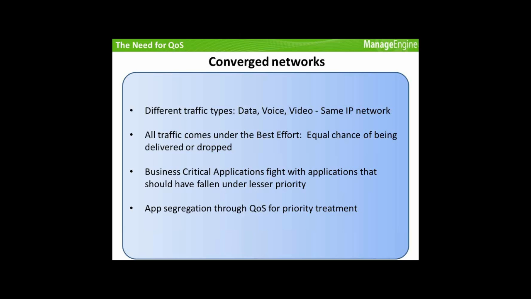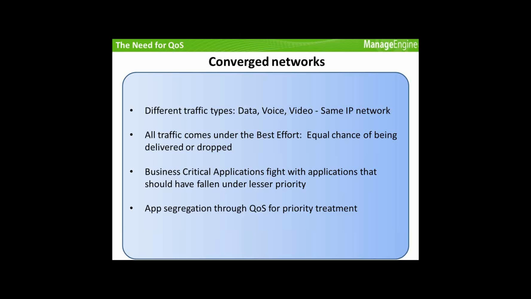That is, they have an equal chance of being delivered or dropped at the destination. So sometimes data traffic can get dropped, voice can get dropped, or even video traffic can get dropped. You are not sure which application or which conversation is going to be delivered and which is going to be dropped. So this is where QoS can help you.